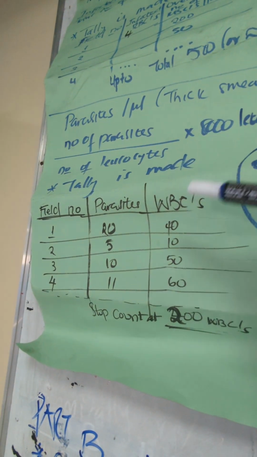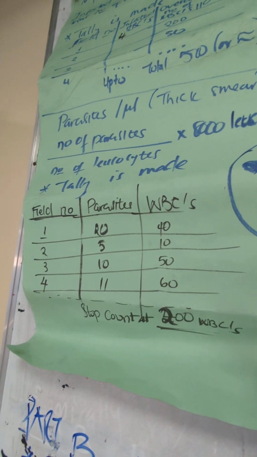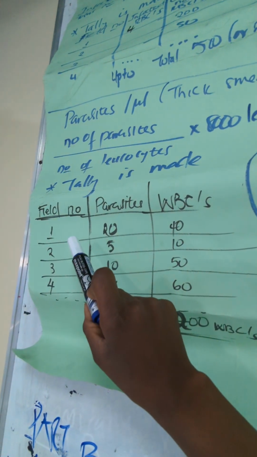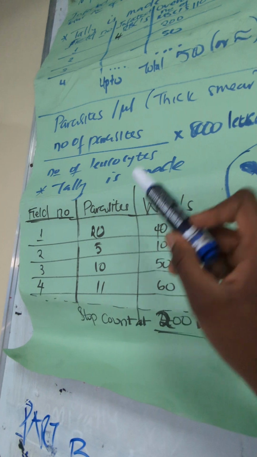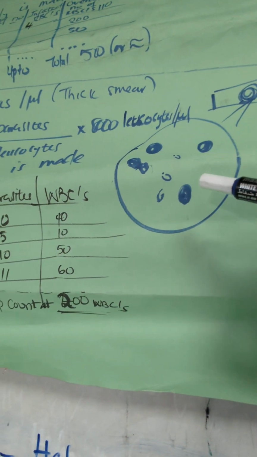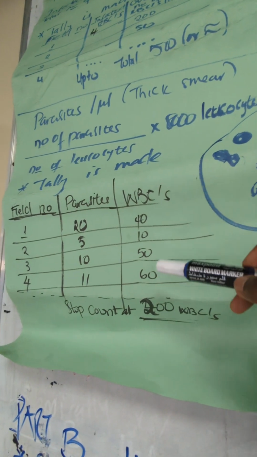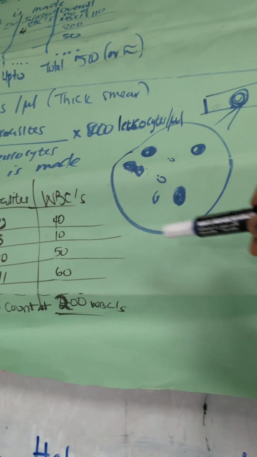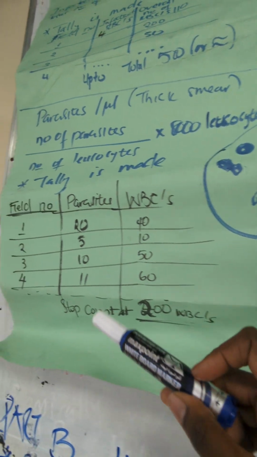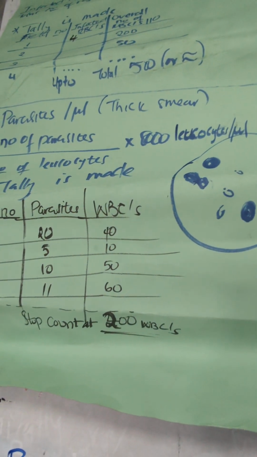I have something like this that I explained already in the session, but basically you start in whatever field, your starting point, field 1, and then you document how many parasites are in that field. You record how many white blood cells are in the same field, you count that as well, and then you go to the next field and do the same, documenting the parasites and also the white blood cells.